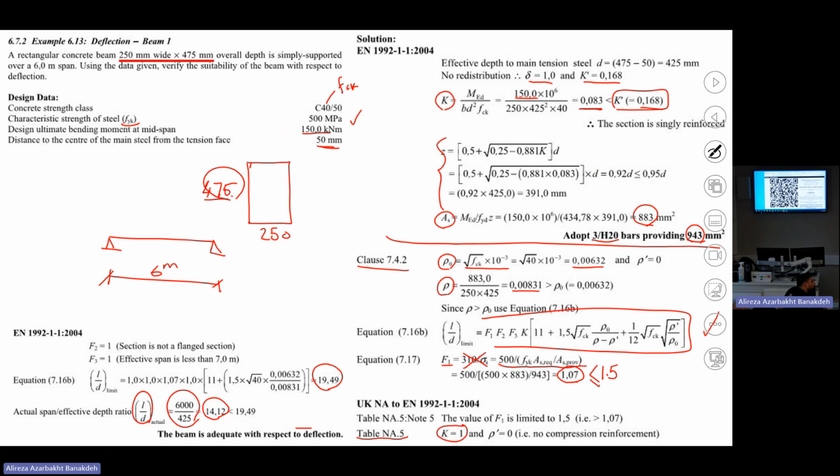Was it difficult? So you are sure that the deflection is in the range of acceptable deformation. So that's a tick. Absolutely, it's a tick. The beam is adequate with respect to deflection. If it was over, it wouldn't be. If the beam was, let's say, 20, it wouldn't be. You need to think of something.